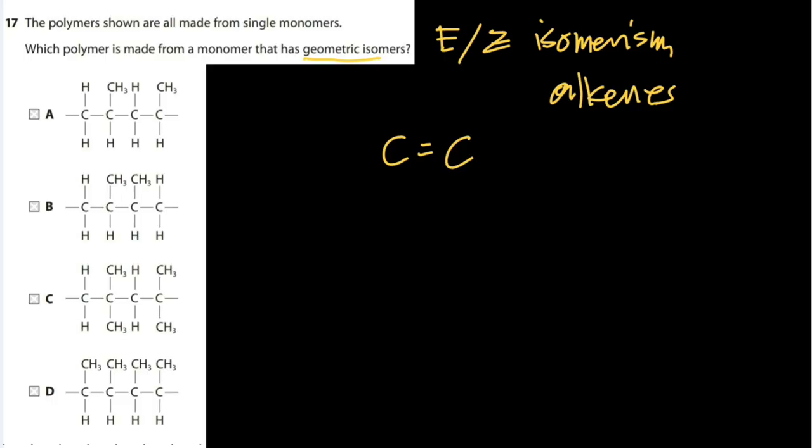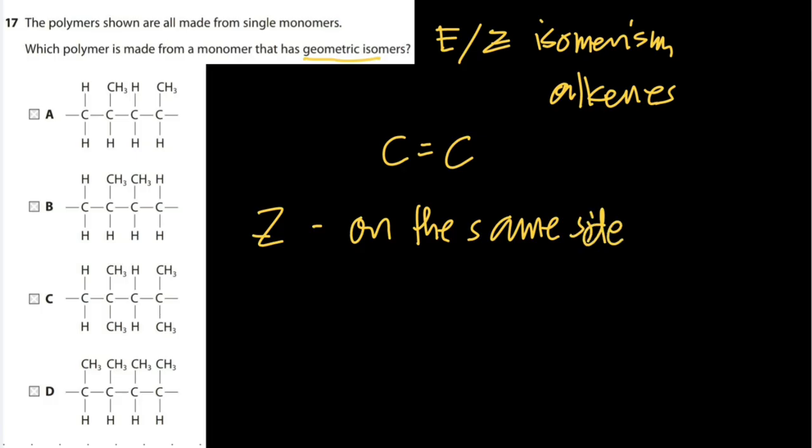So if higher priority groups are on the same side of the double bond, then the isomer is Z, from the German word zusammen, or together. And if the higher priority groups are on opposite sides of the double bond, the isomer is E, or opposite. And how do I pronounce that? Entgegen.